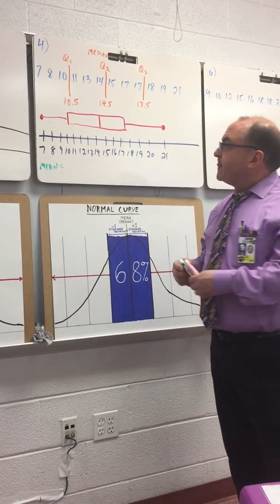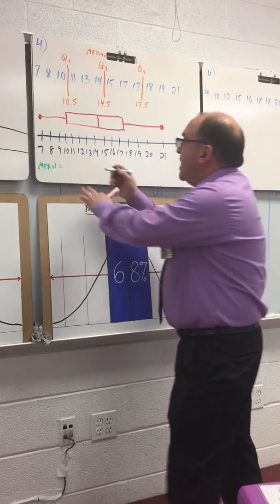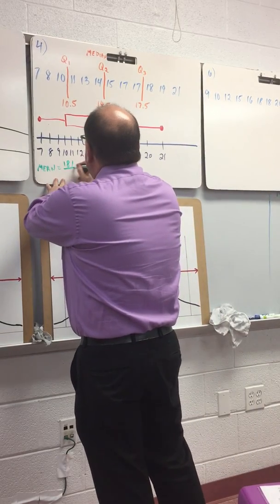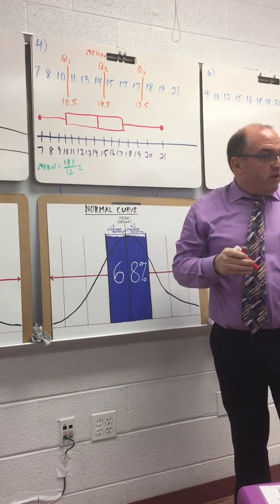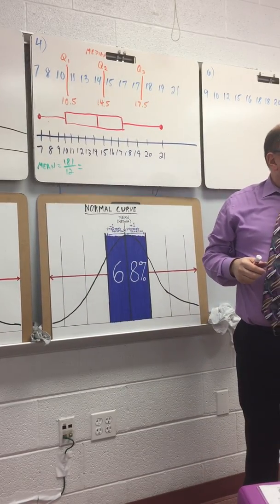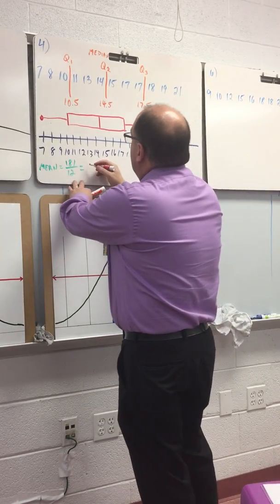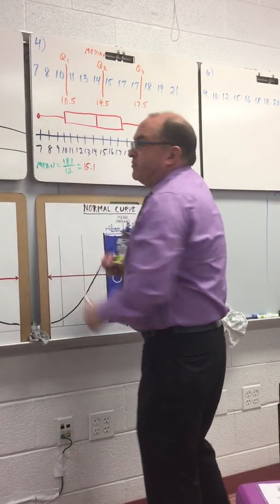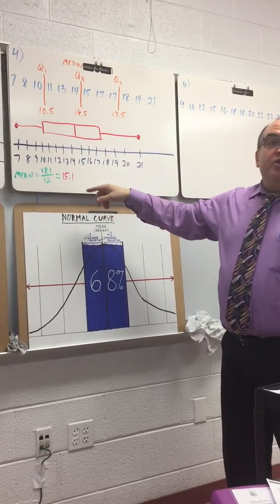All right. 181. 181, and you divide it by 12. And 181 divided by 12 is 15.1. Could you check that? 181 divided by 12? 15.1. That's your mean, okay? What's your median? Could you write that down?